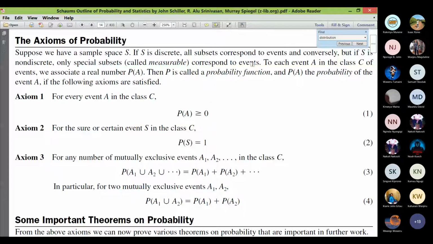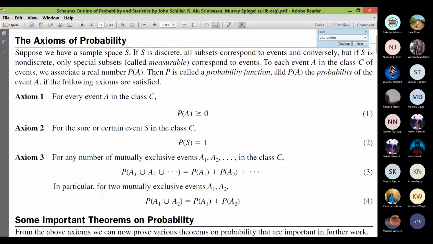The entire thing you're doing of dropping a stone is the experiment. The outcomes, we can call them events if you're looking for specific types of outcomes. The specific type of outcomes you're interested in form what you call the event. So to each event A in the class C of events, we associate a real number P(A), which is the probability function.